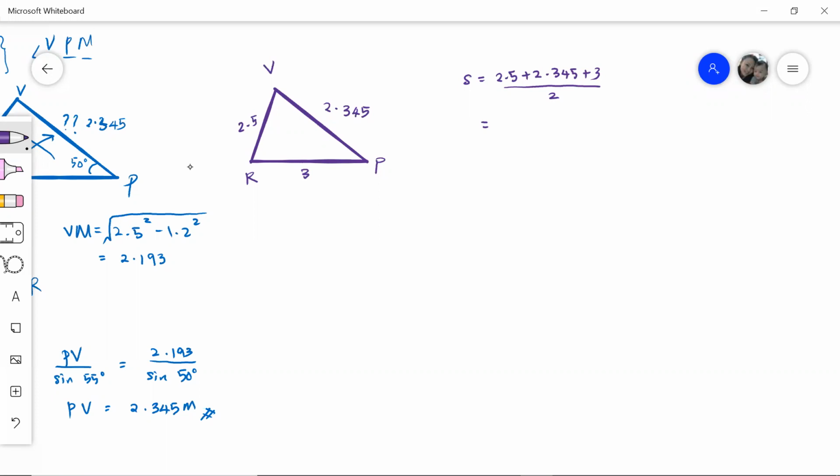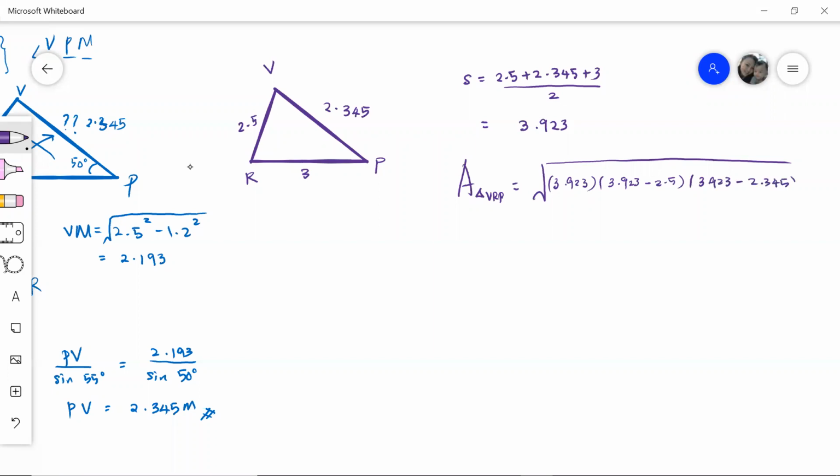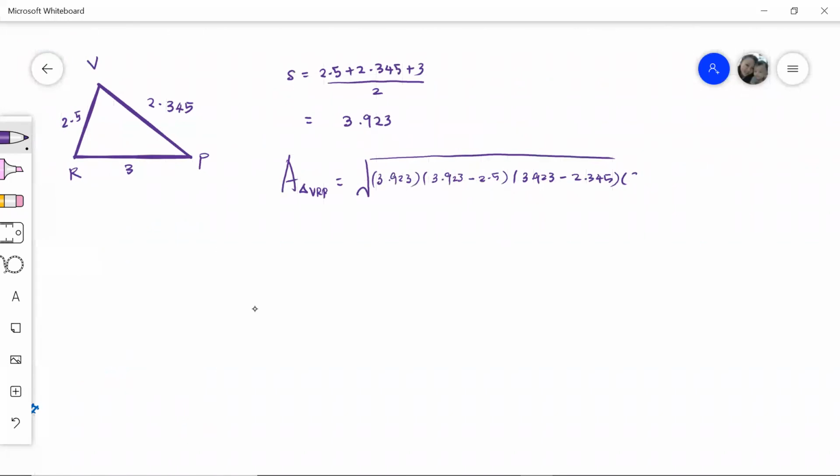Okay, use calculator, we get 3.923. So to find the area of this triangle VRP, we just take the square root of s, which is 3.923, times s minus a, which is 3.923 minus 2.5, times 3.923 minus b, which is 2.345, and then 3.923 minus c, which is 3.